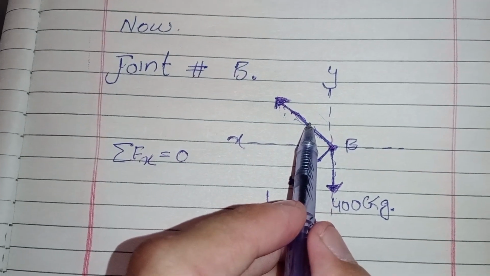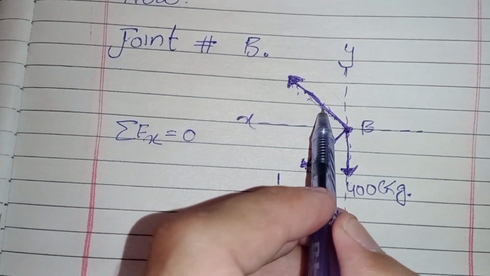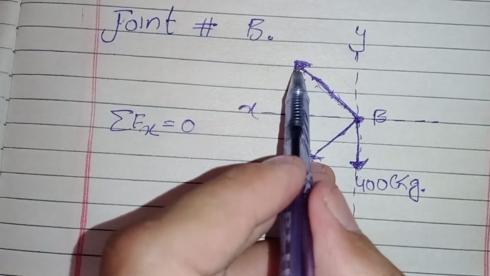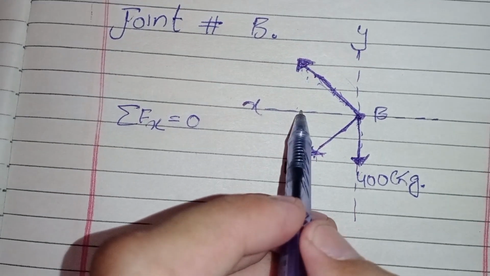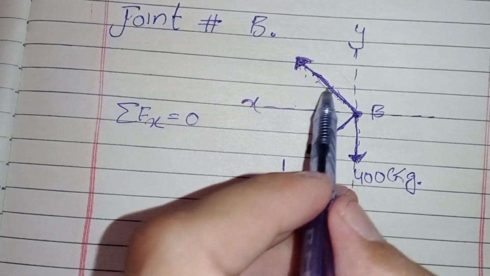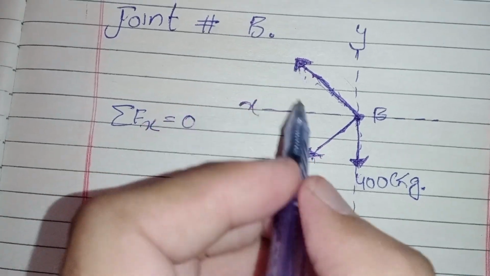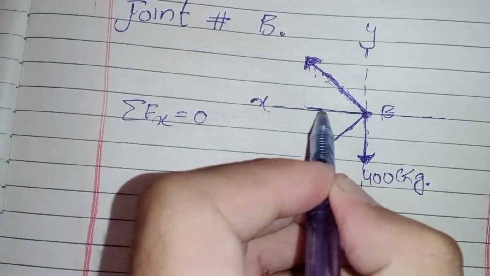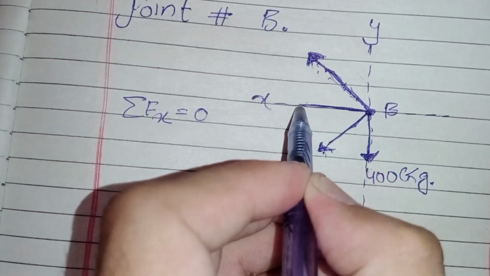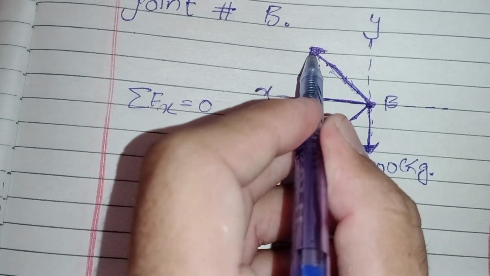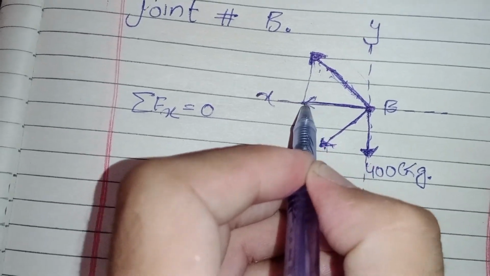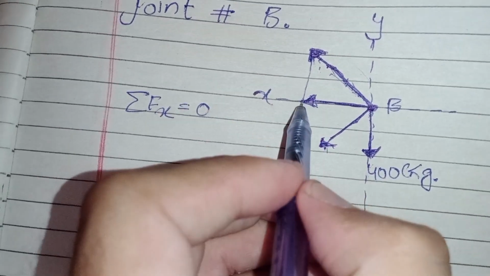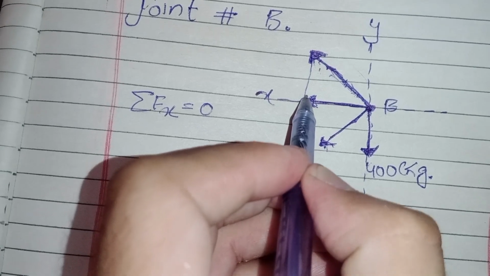This is not in x and not in y, so I will resolve this into two components. One component in x, so this is x component and this is y component by head to tail rule, like that.